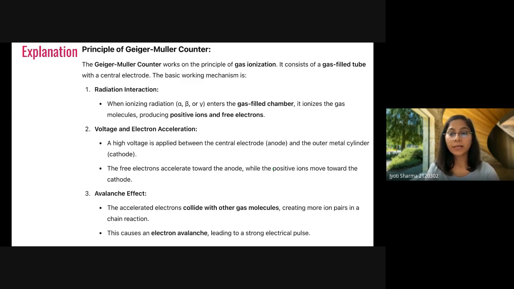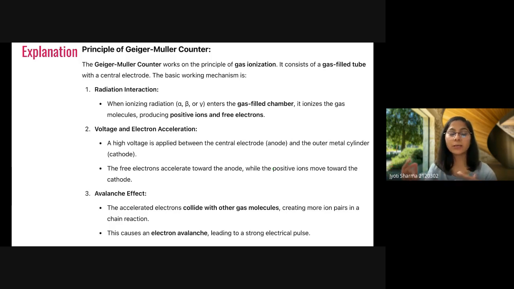So what we will have is a gas filled chamber, in which we have the ionizing radiation, and this will give you positive ions as well as free electrons. And if we have the voltage, then this will give you more free electrons, and they will accelerate toward the anode.